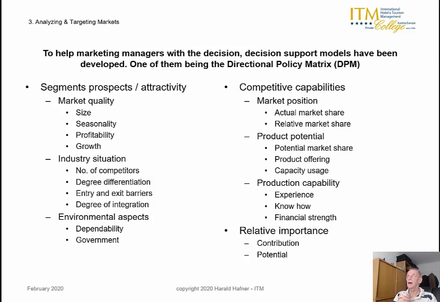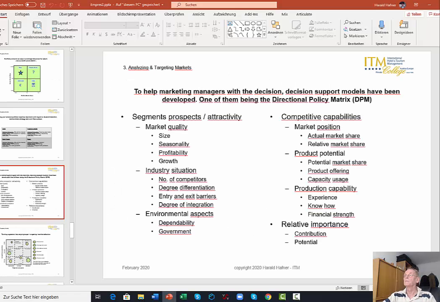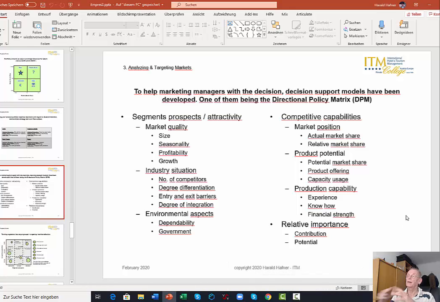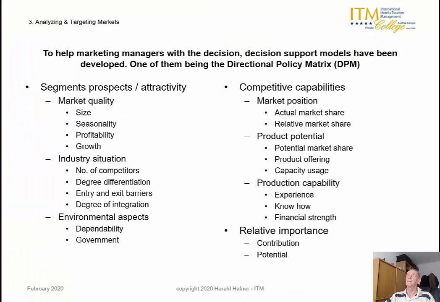As outlined in this slide, we have taken on the critique of the BCG matrix, where we have a problem by looking at only one factor for the relative attractiveness of a market and only one factor for the competitive ability.